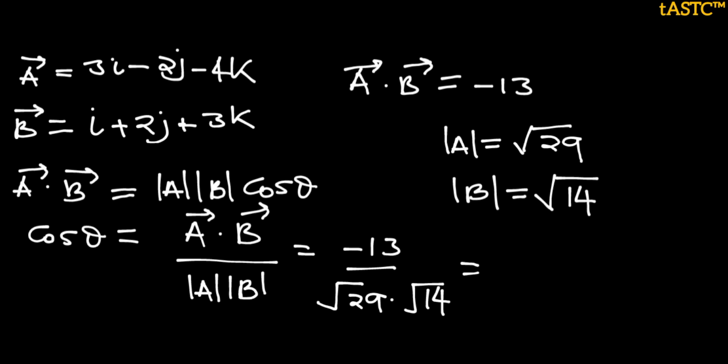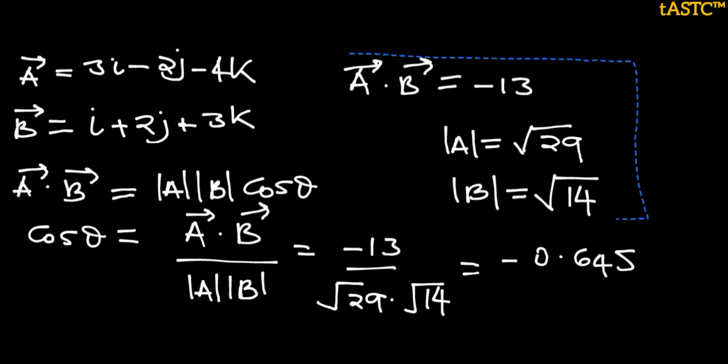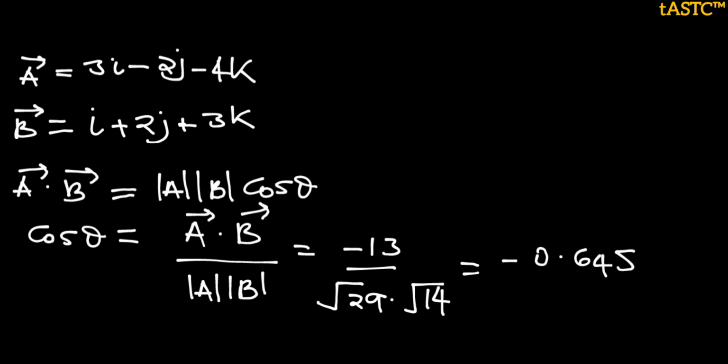So that gives us 0.645. So this is a negative 0.645. So we got cosine theta is equal to negative 0.645.